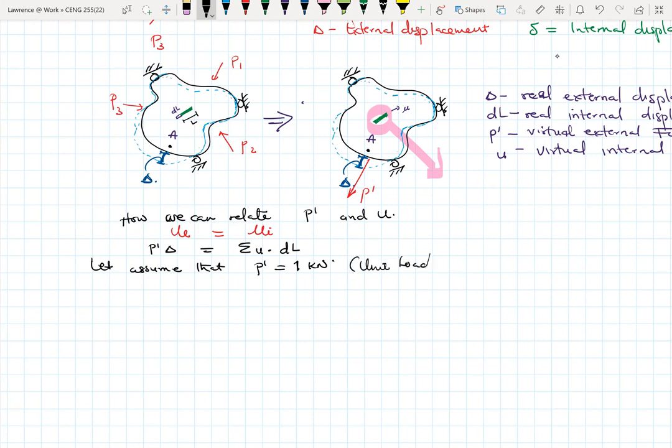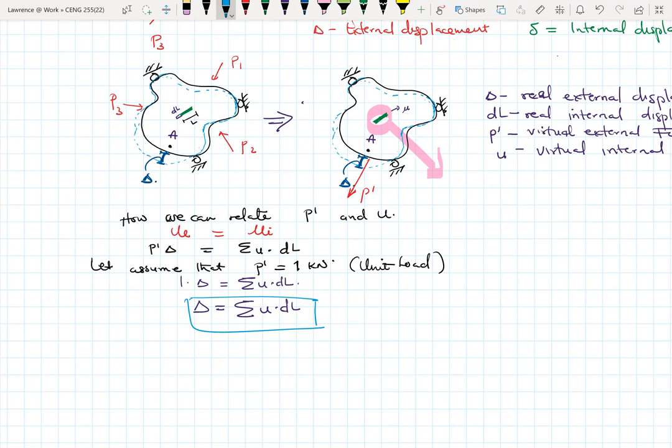So this equation reduces to 1 times delta equal to the summation of U dot dl, which means that delta is equal to the summation of U dl. So this becomes the equation that we can use in finding the deflections, or in this case, the displacements.